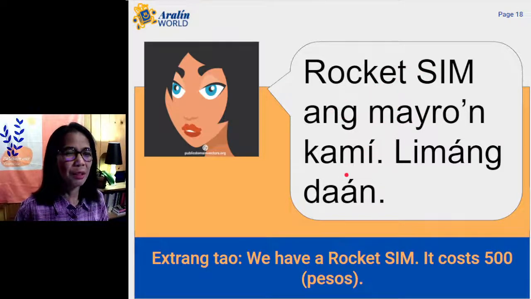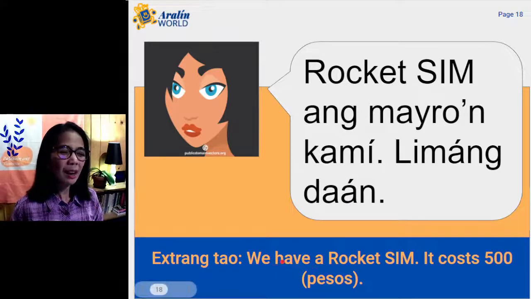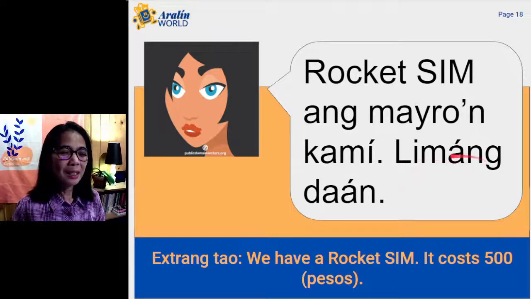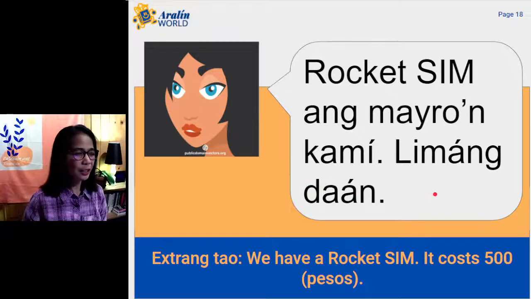But I don't know if that is how you say it in English. I think the way you say it in English is we have a rocket SIM. As simple as that. And then 500 of course means 500. In English maybe you can say just 500. But for clarity I said it costs 500 here in our footnote.